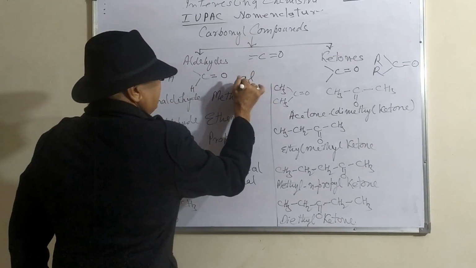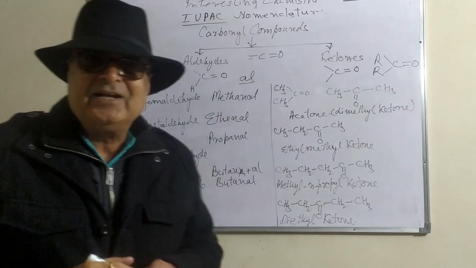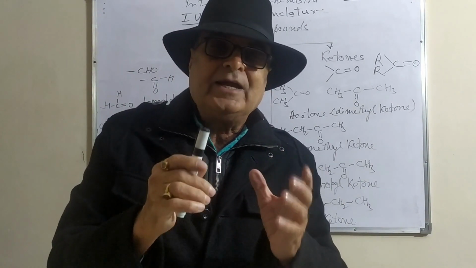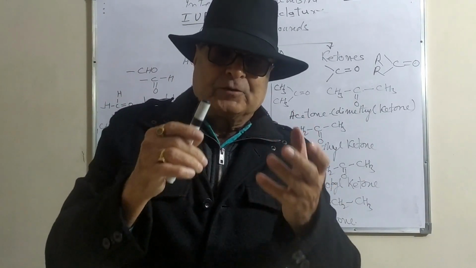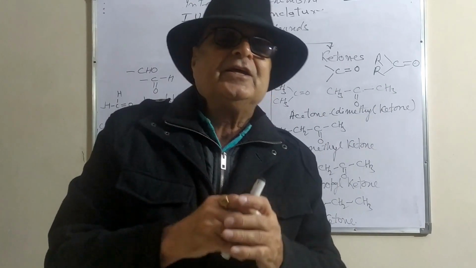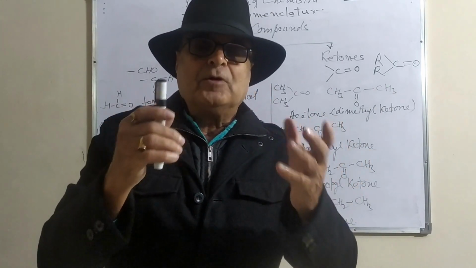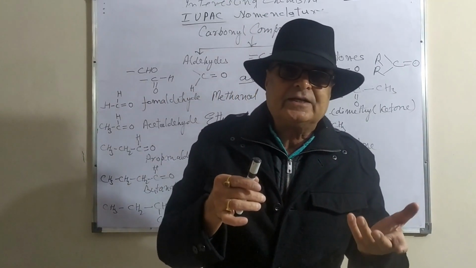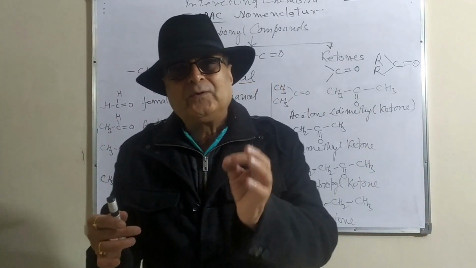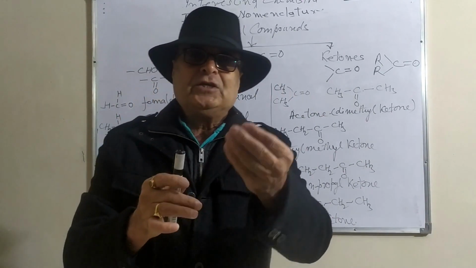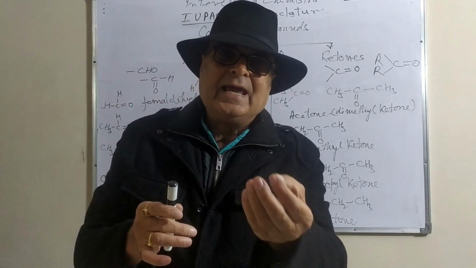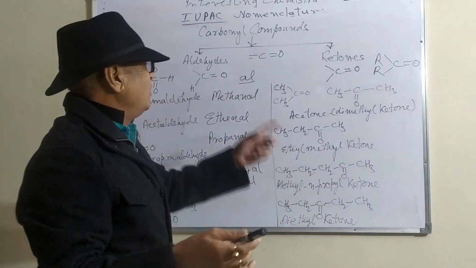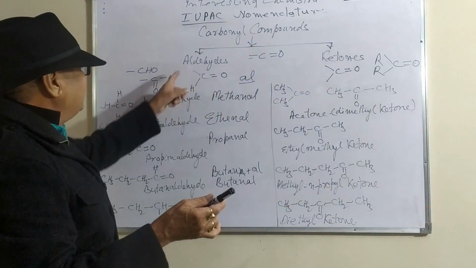Only al will be added to the root name of that compound. You find the root name by selection of the longest chain, and the number of carbon atoms in the longest chain will tell you the root name, and you only have to add the suffix al, and that will give you the name of the aldehyde.